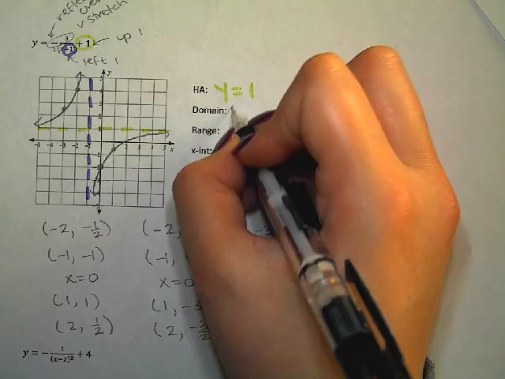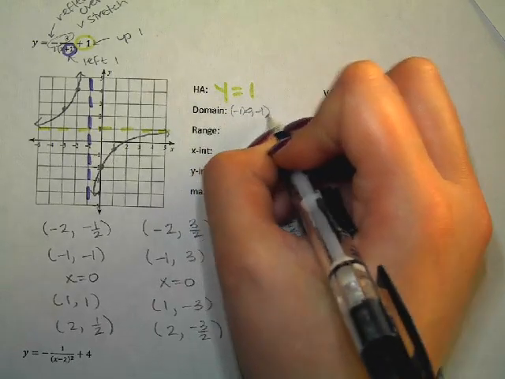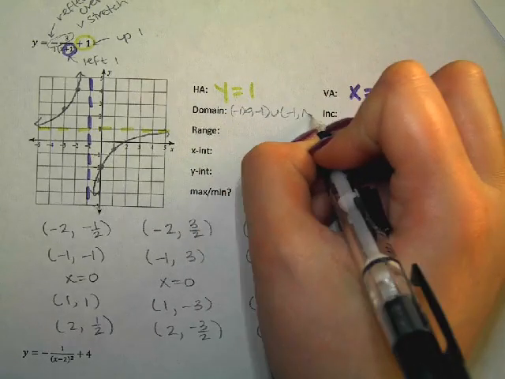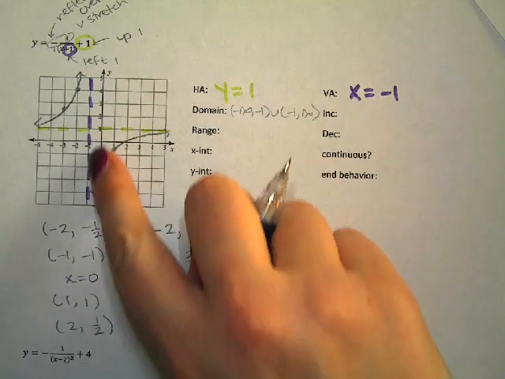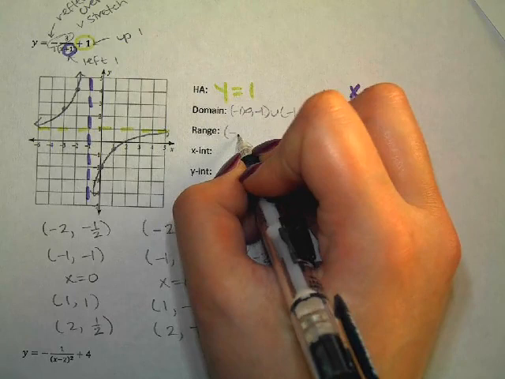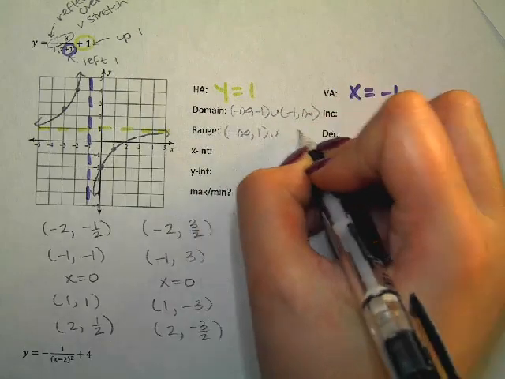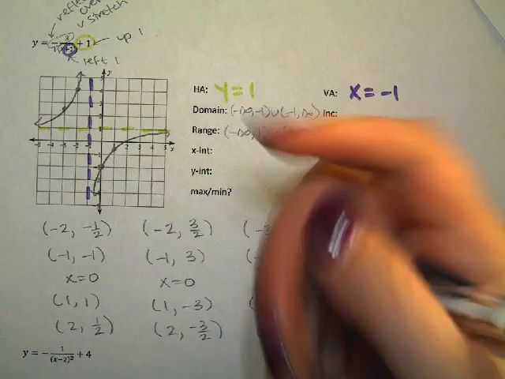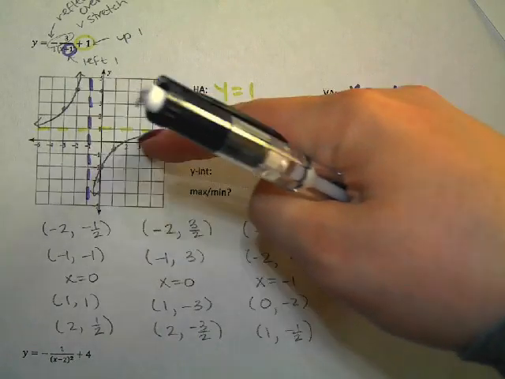The domain is negative infinity to negative 1, negative 1 to infinity, because it skips that x value of negative 1. The range is going to be negative 1 to positive 1, and positive 1 to infinity, because you skipped that y value of 1.